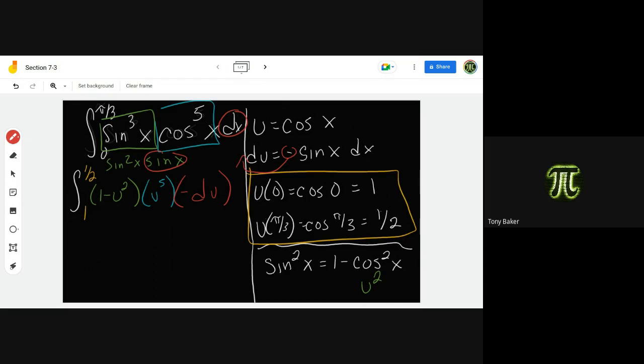All right, so now we can clean up this problem a little bit. So I've got negative integral from 1 to 1/2 of u to the 5th minus u to the 7th du. Anybody notice something strange about this integral?